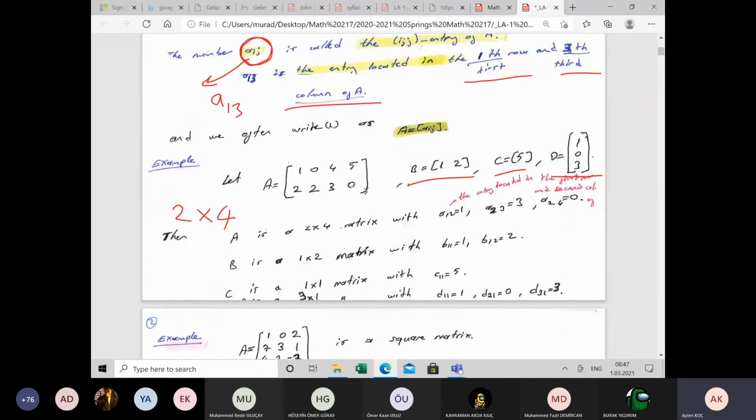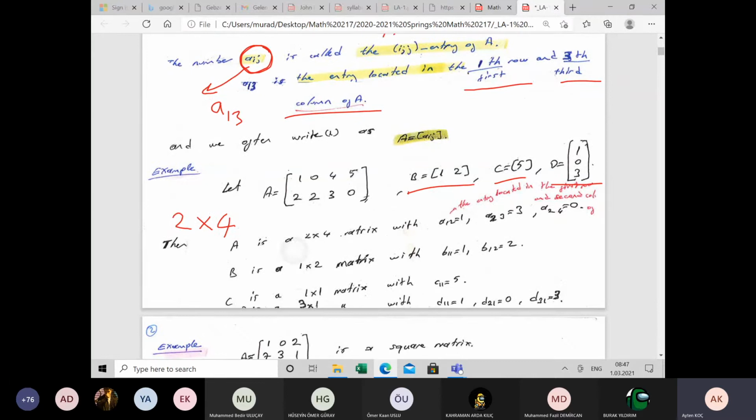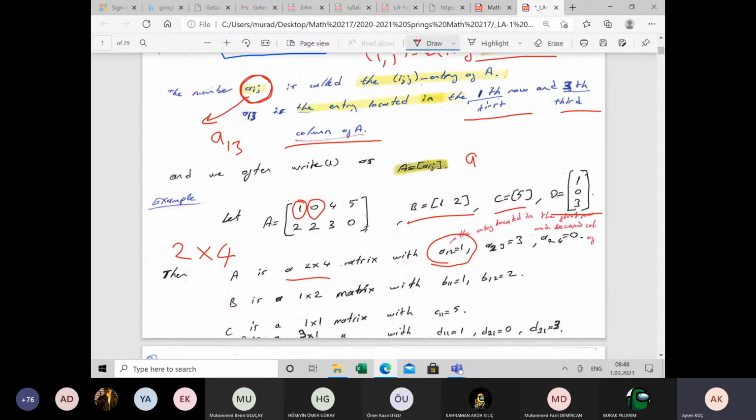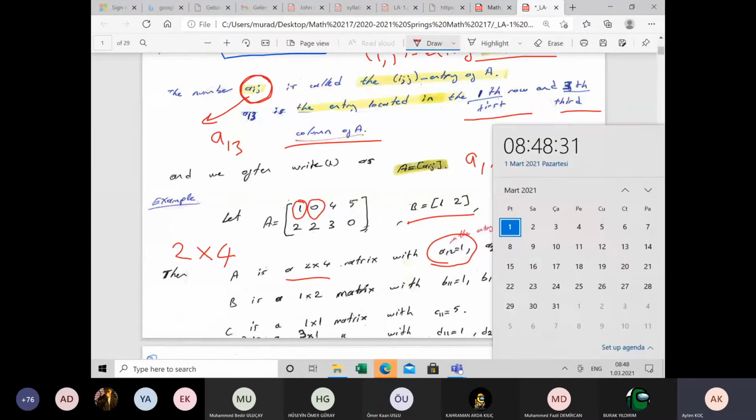We can say that A is a 2 by 4 matrix. What's the first entry? a sub 1,2 means look at the first row, second column. The first row, second column entry is 0.